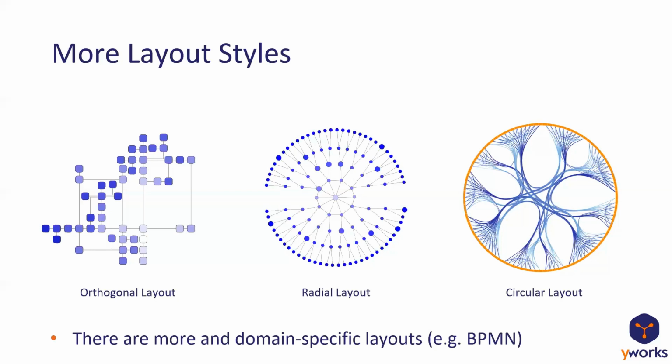In the middle, you see the radial layout, which can also be suitable for displaying hierarchies if you want to display them in a radial way. And finally, the circular layout is a layout algorithm that places the elements on a common circle, and the edges are routed between them.